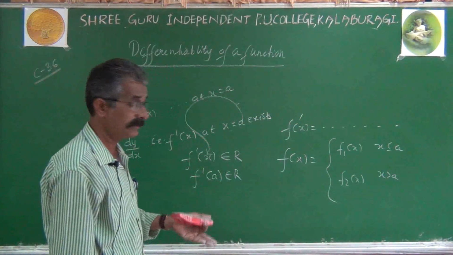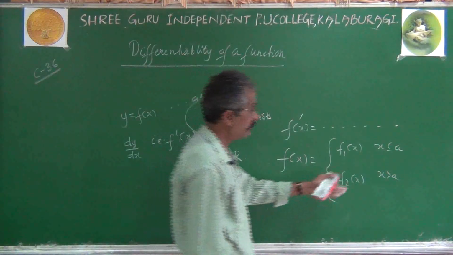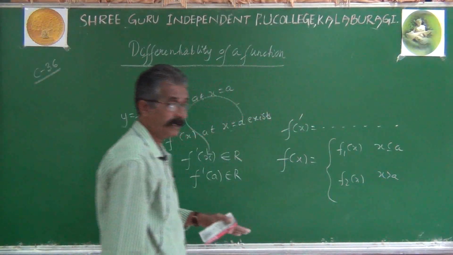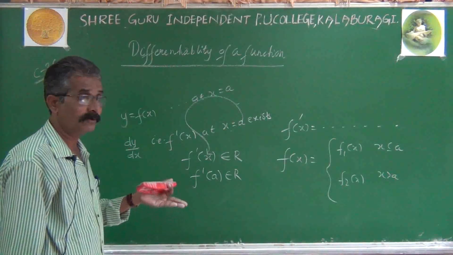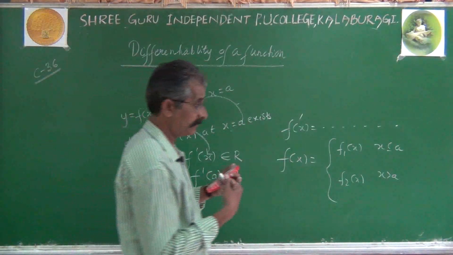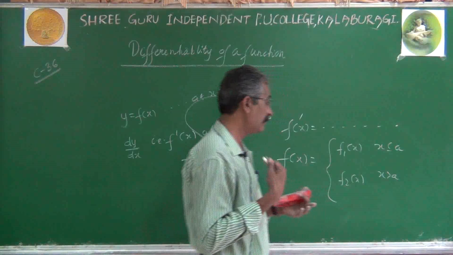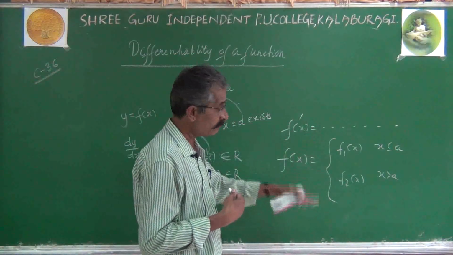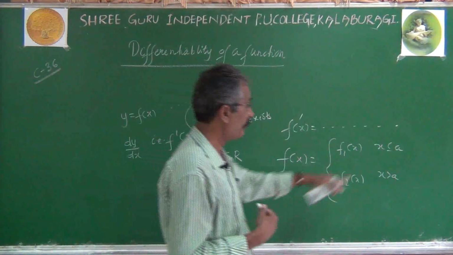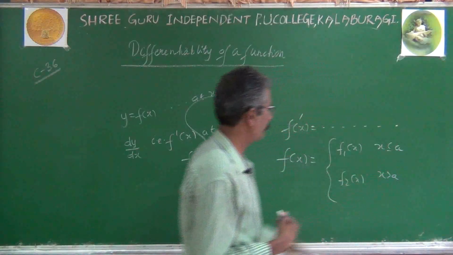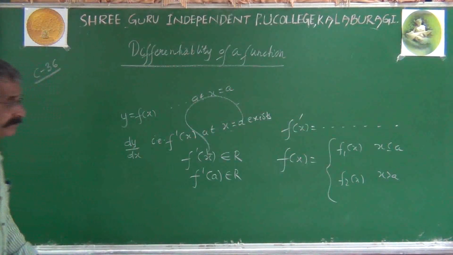Right-hand derivative means the derivative when x greater than a values are allowed. And if the left-hand derivative and right-hand derivative coincide, that is, they become equal, then we say that this function is differentiable at point x equal to a. You write all these points like this.